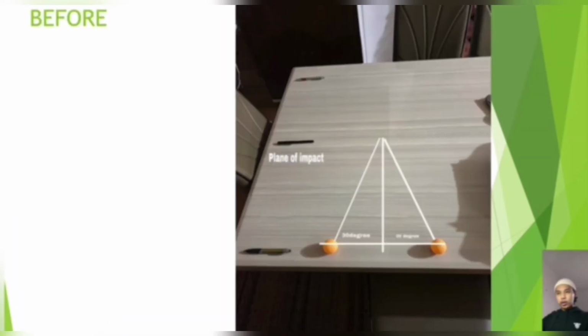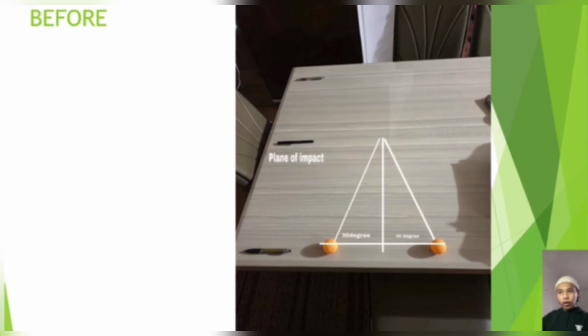For the second scenario, we had to do the same things as in the first scenario, but in this scenario we had to do central oblique impact. We took the angle of ball collision as 30 degrees. We also put the ball at the same distance, that is 40 cm.